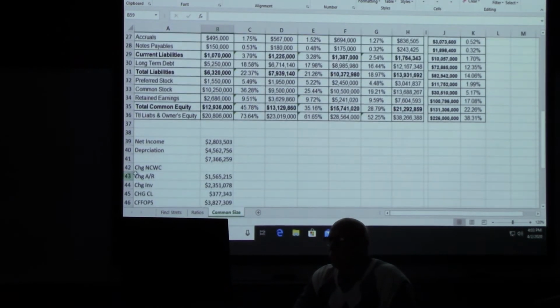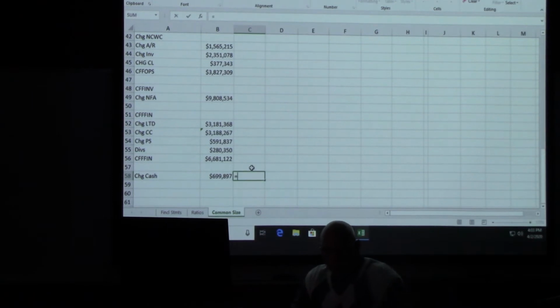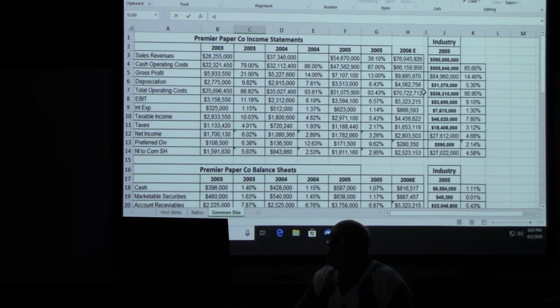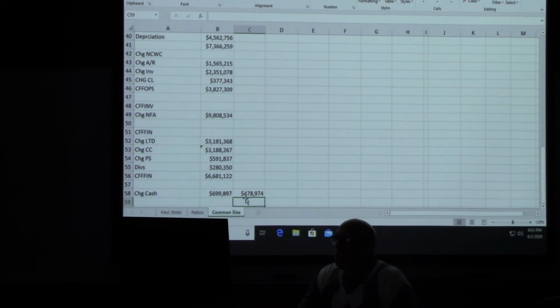So, let's compare that number. Equals this plus this minus this plus this. So once again, we're off by about $200,000.